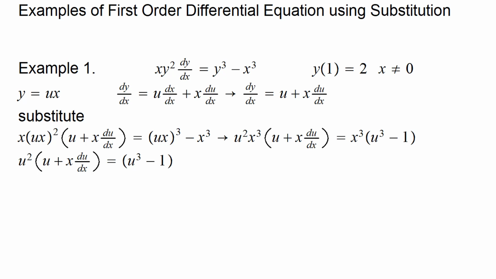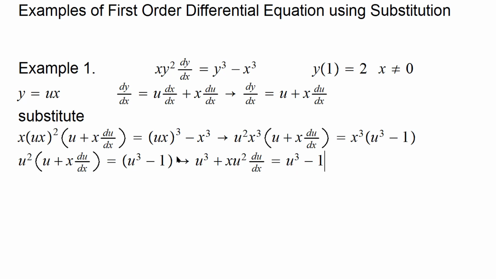So now let's multiply this out. We got u cubed plus x u squared du/dx, and this is the textbook example, so it has been very conveniently formulated for us.